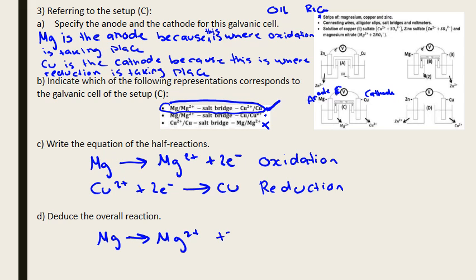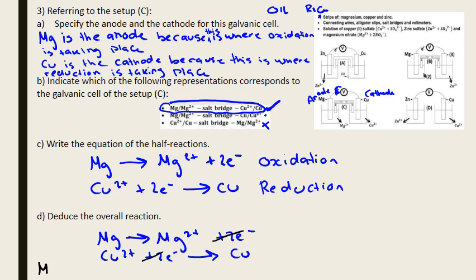So to deduce the overall reaction, remember what we do is just copy them as they are, so we have the information in front of us. Okay, remember we cancel out the electrons. So plus 2 electrons from here, 2 electrons from here, and then we write everything from the left of the equation first.